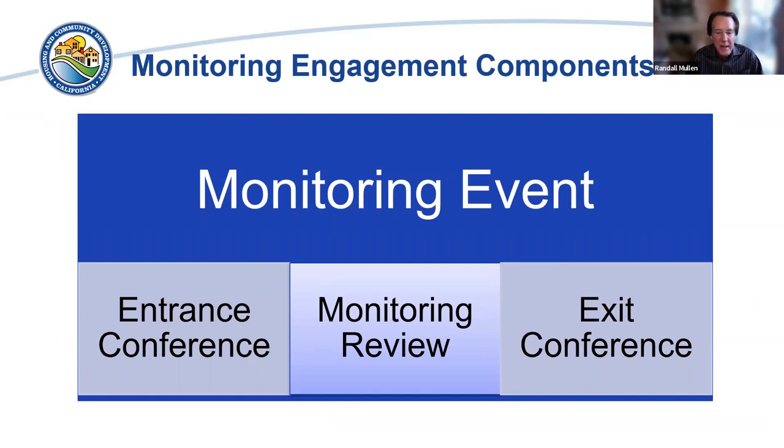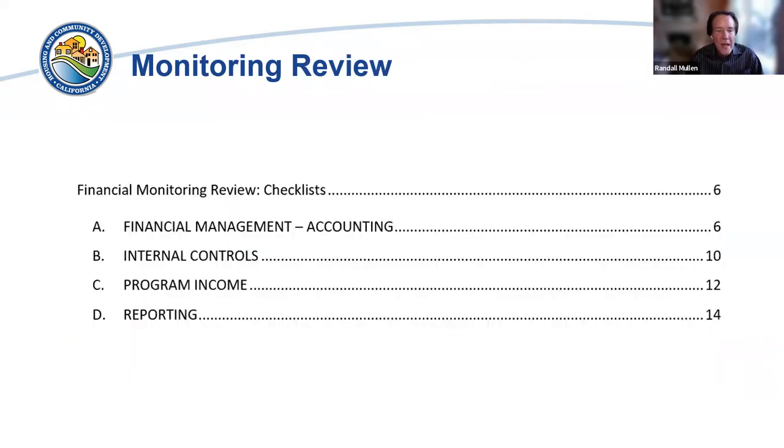The next item is the monitoring review itself, which is likely to occur during the most part of a week-long engagement. And it starts with the use of a monitoring checklist. Some of you are familiar with the fact that the Department of HUD publishes a comprehensive monitoring handbook for all of its federal grant programs.